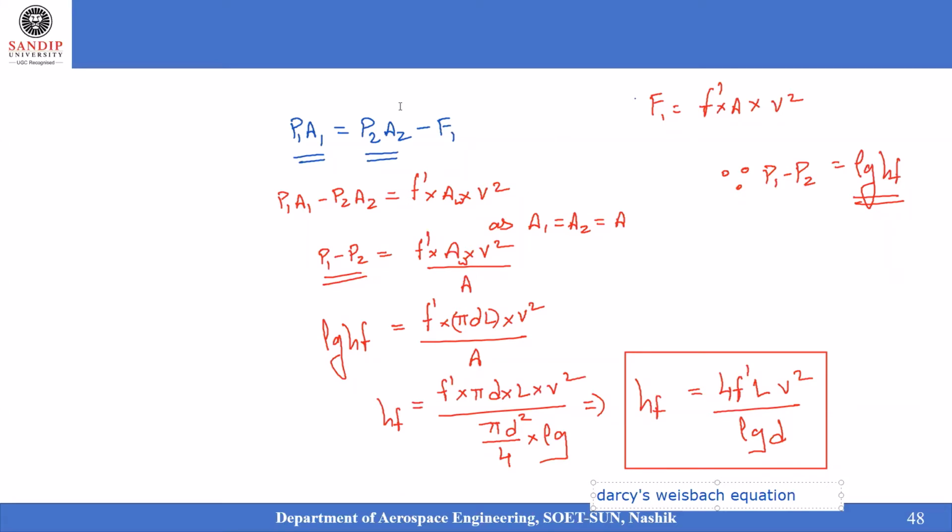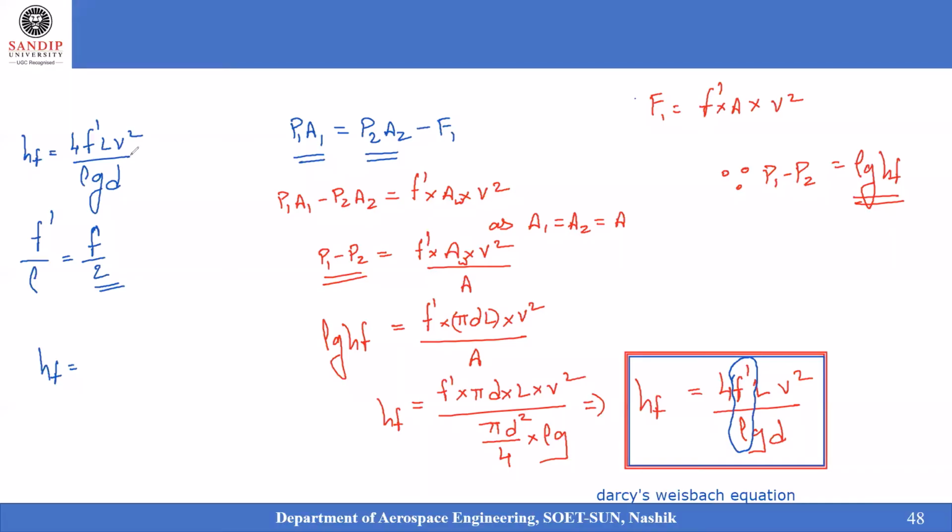By using the Darcy's Weisbach equation, we can obtain the resultant frictional force, and the head loss can be found. This formula is applicable for pipe flows where the head loss due to the friction needs to be determined.